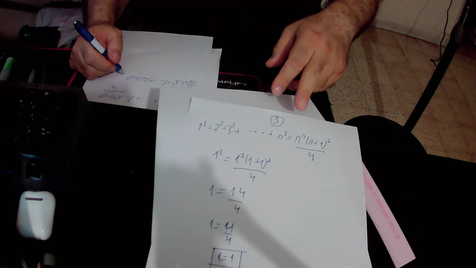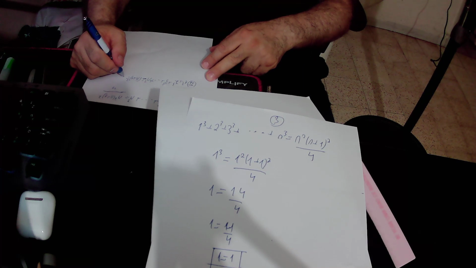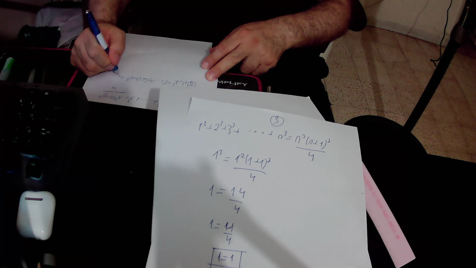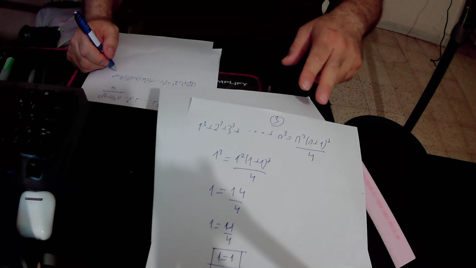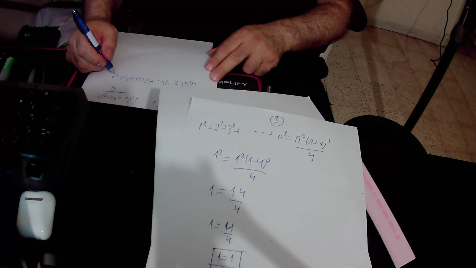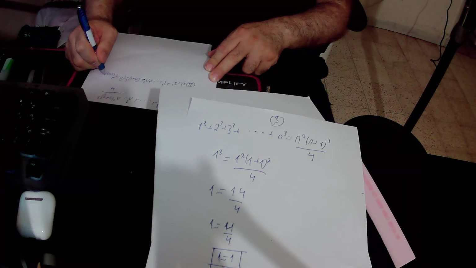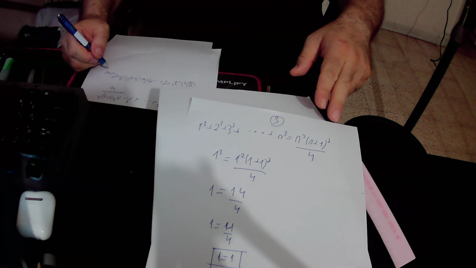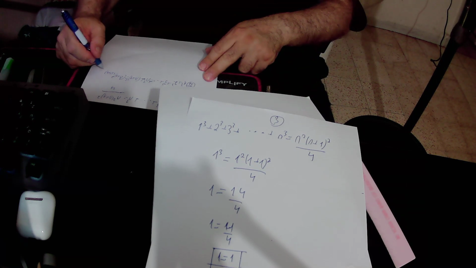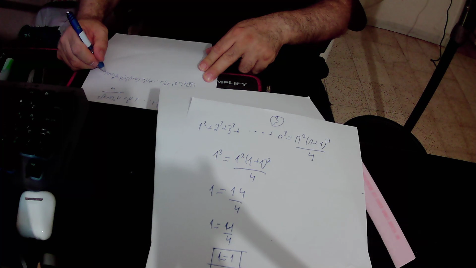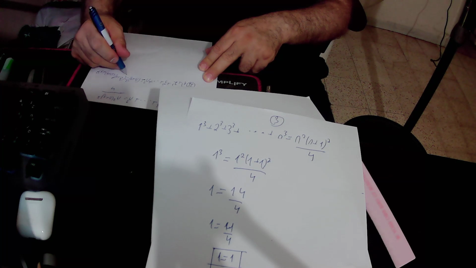So instead of n, we will write n plus 1 squared times n plus 1 plus 1, squared, all divided by 4.